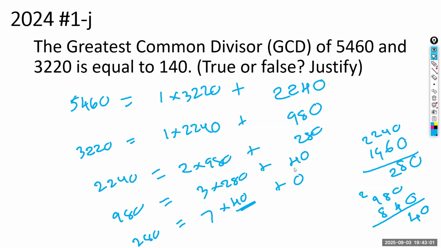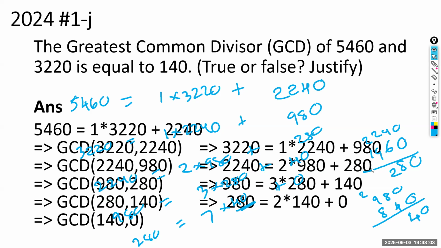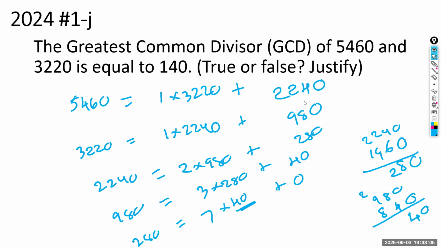This is not 40, this must be 140. 9 minus 8 is 1, 8 minus 4 is 4, 9 minus 8 is 1, so it is 140. Therefore 280 is 140 into 2 plus 0. So the final answer is 140. I made a mistake in the last step.